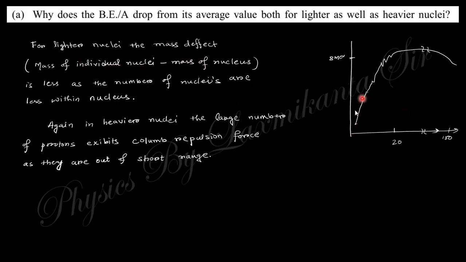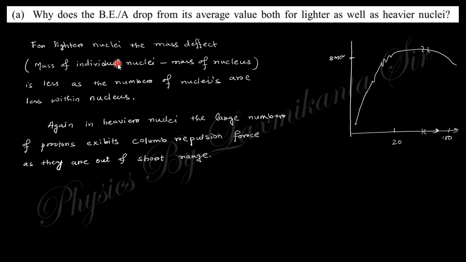In the case of a lower mass number, since the number of constituent particles, that is protons or neutrons, is less, the mass defect is also less. That means the binding energy per nucleon is also less, because the binding energy is nothing but the mass defect converted into energy.